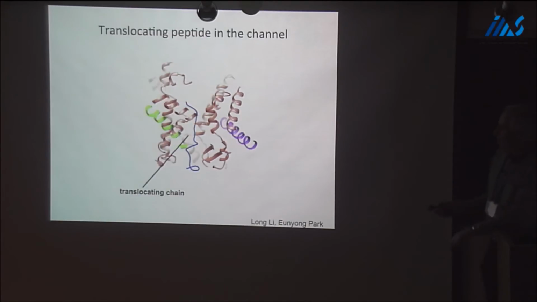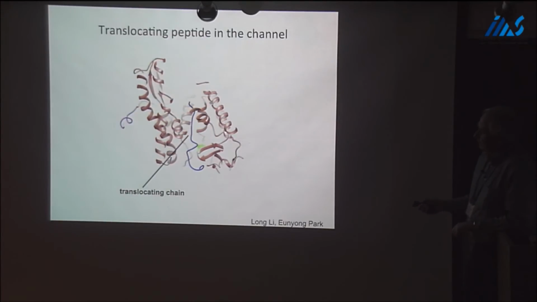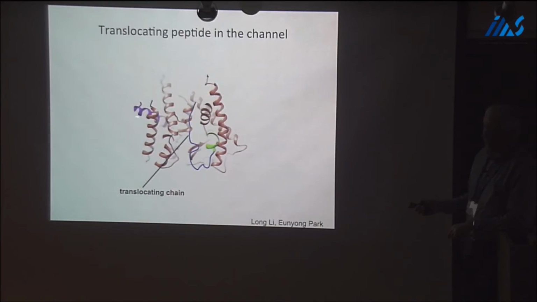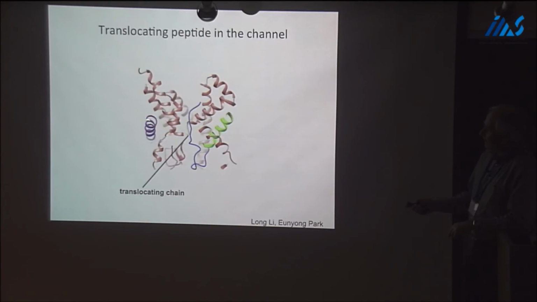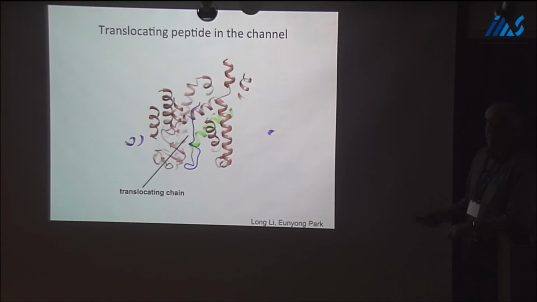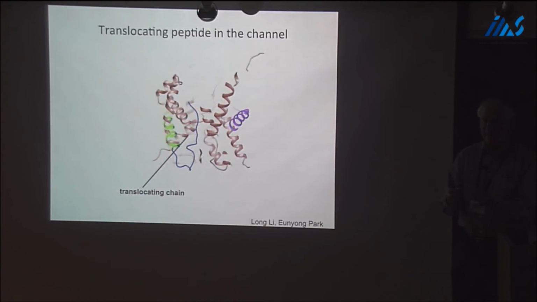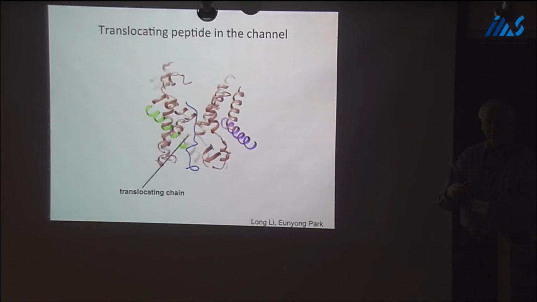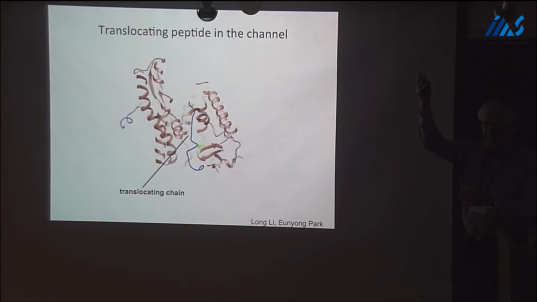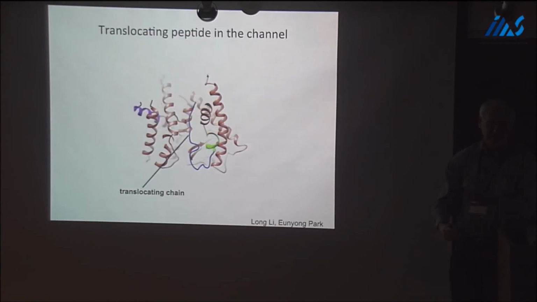And finally, what you don't see here, but I can tell you, is that the only contact between the translocating polypeptide chain and the channel is with the pore ring. So this is what we predicted, that the polypeptide chain would only interact with the pore ring. There's no interaction in the cytoplasmic funnel or in the extracellular funnel.